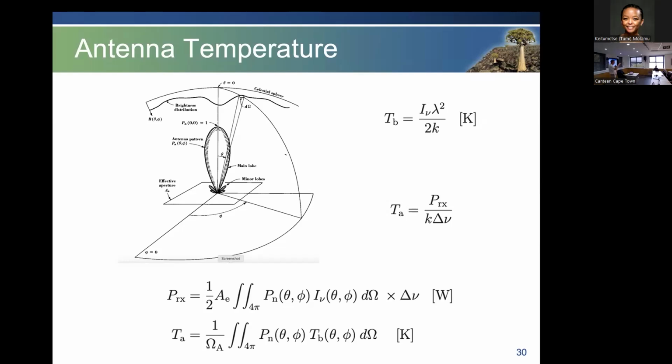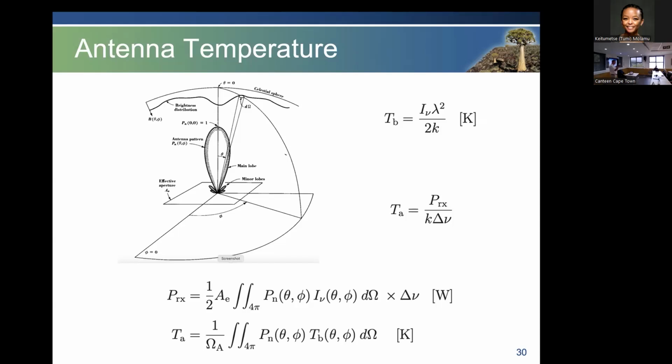So what we get out of a single dish radio telescope is not a power that's determined by a single point in the sky. It's integrated over the area of the sky that the beam of the antenna is looking at. So if you have a narrow beam, you're looking at a fairly small bit of the sky. If you've got a big beam, you're looking at a big piece of the sky. And that's why traditional single dish radio telescopes have really bad resolution.